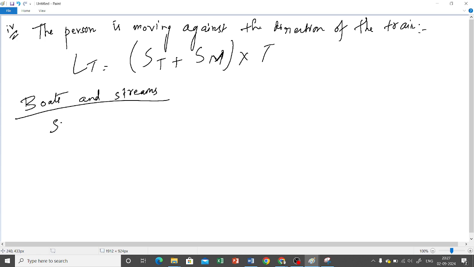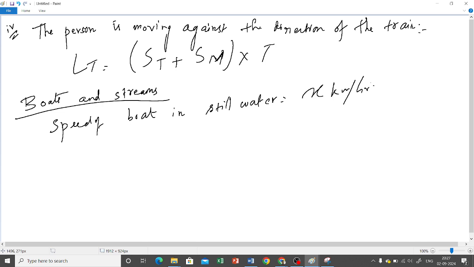So the speed of the boat in still water is x kilometer per hour. The speed of the stream is y kilometer per hour.